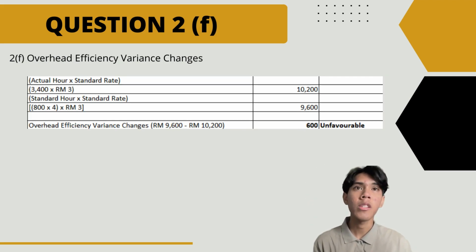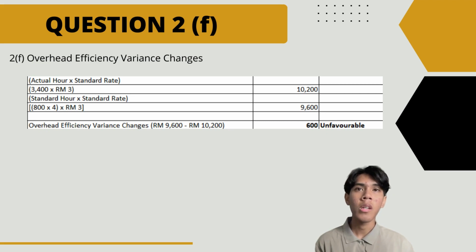Then for question 2F, the question asks for overhead efficiency variance, and to find the overhead efficiency variance, we need to calculate first actual hour times standard rate, which is 3,400 times RM 3 ringgit, and we get 10,200.